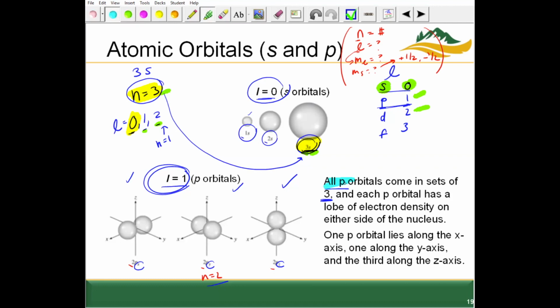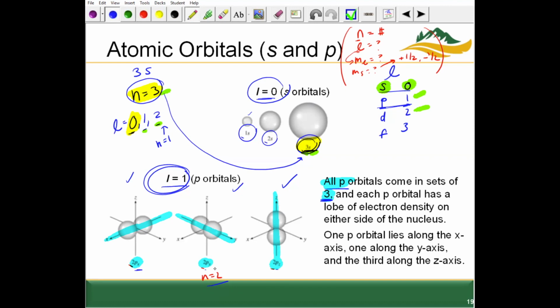We can have 2px, 2py, and 2pz that match up with the axes that the orbitals lie upon: 2px on the x-axis, 2py on the y-axis, 2pz on the z-axis.